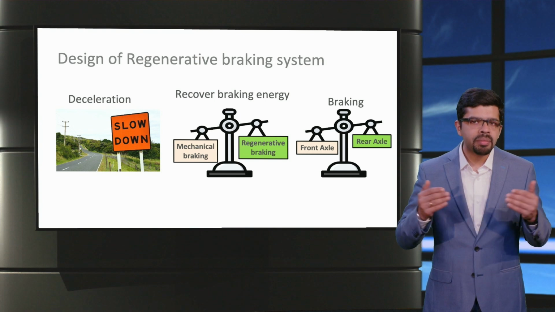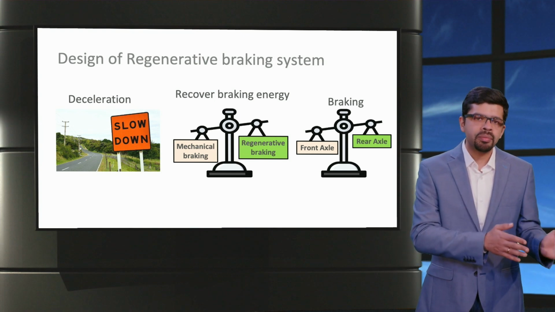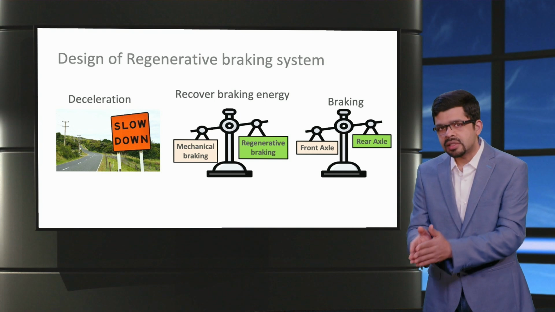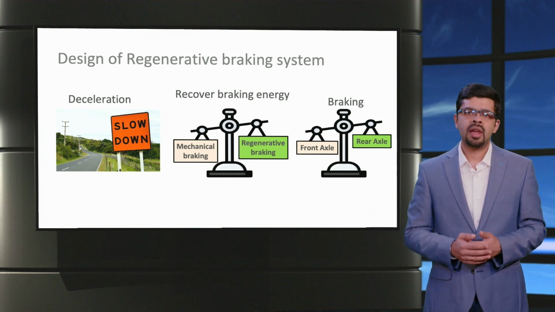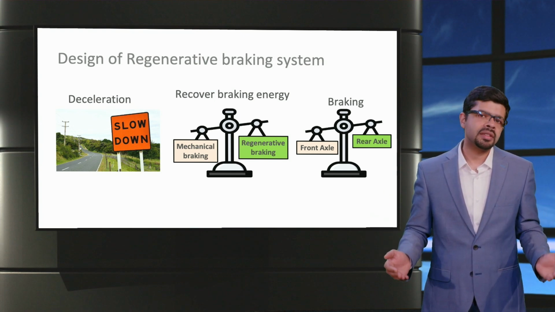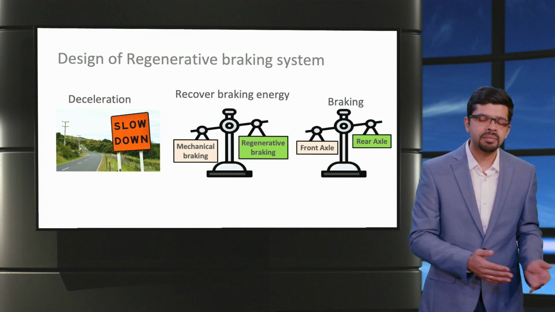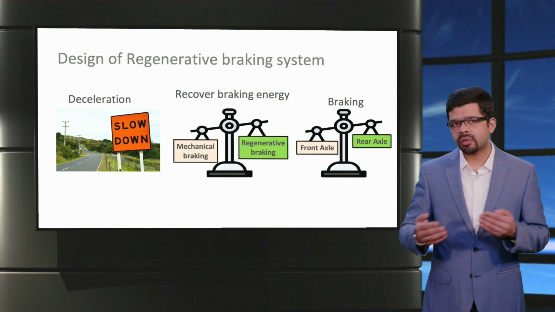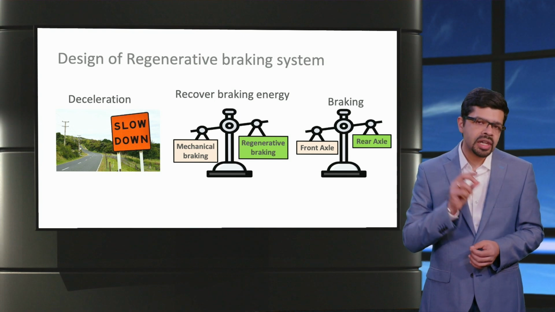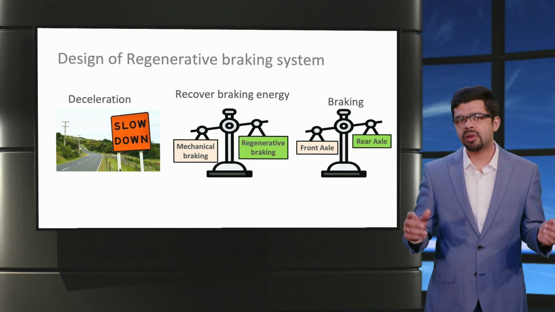Finally, how must the braking forces be distributed between the front and the rear axles of the vehicle? Different types of regenerative braking systems exist, such as series or parallel regenerative hybrid braking systems and the more recent use of torque vectoring to control the torque of individual motors connected to each wheel of an electric vehicle.